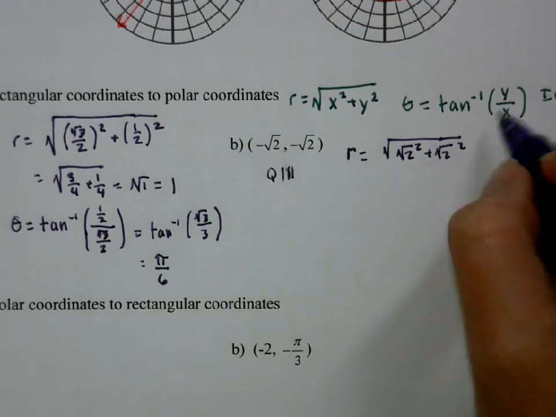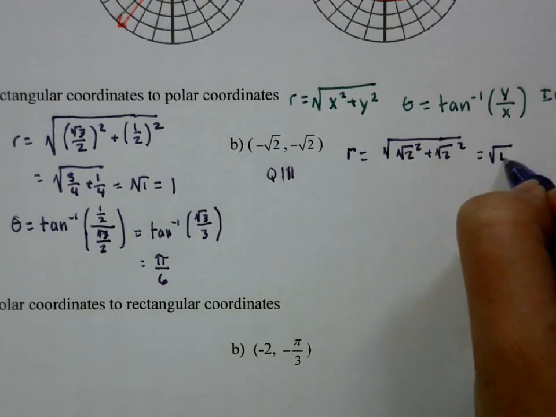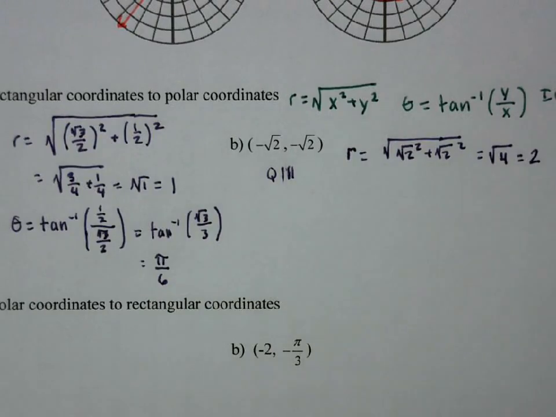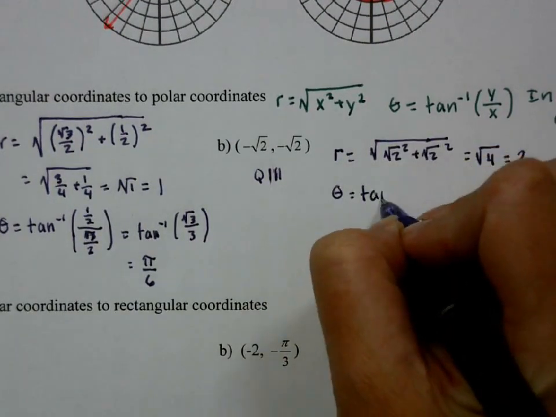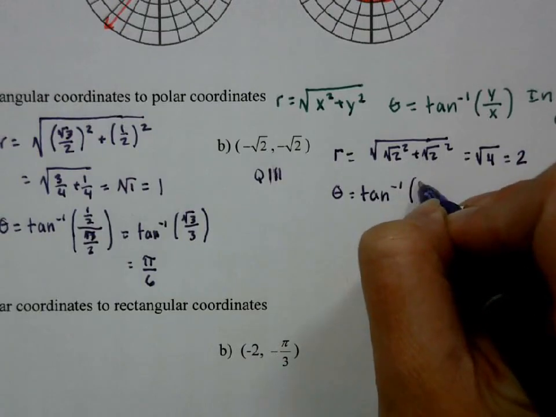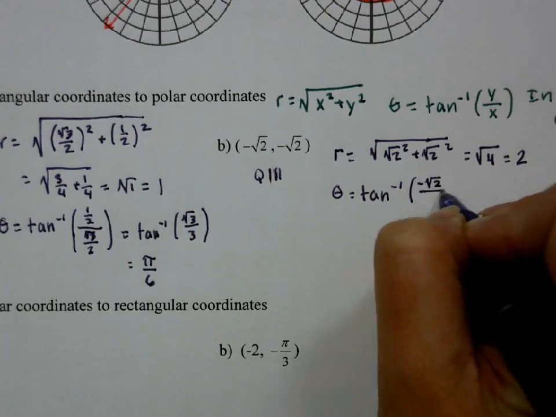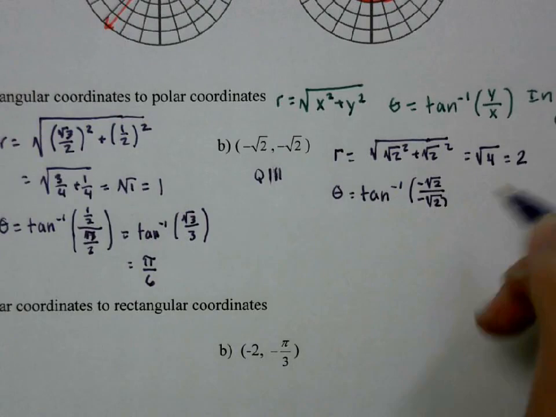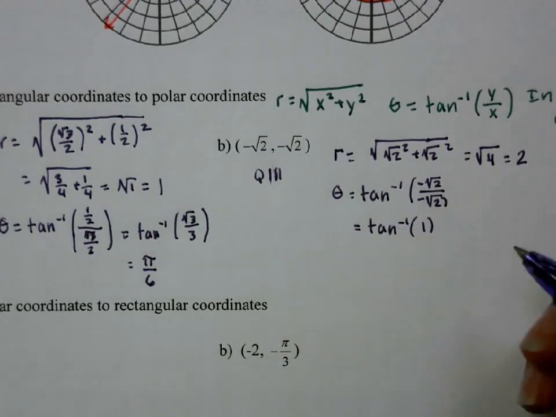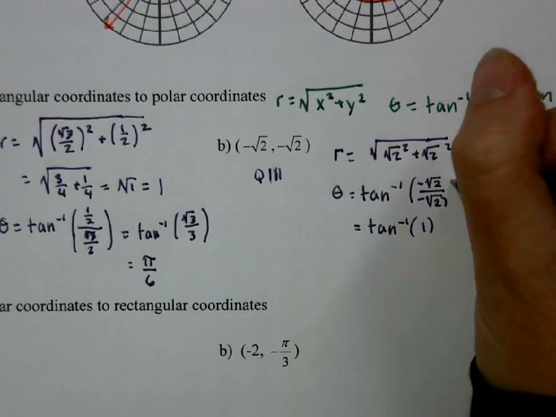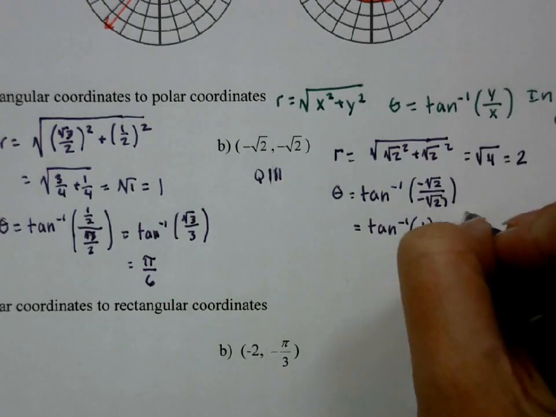Theta is going to be the tangent inverse of negative root 2 over negative root 2, which is tangent inverse of positive 1, which occurs at both pi over 4 and in the third quadrant, 5 pi over 4. So my coordinates here are (2, 5 pi over 4).